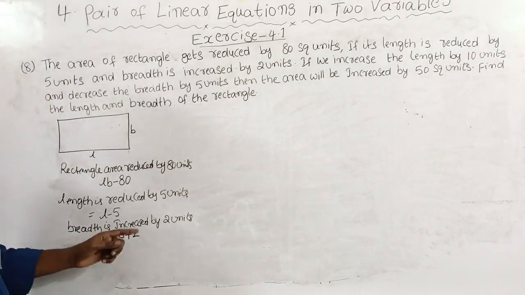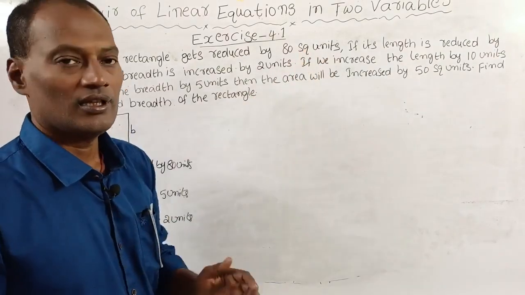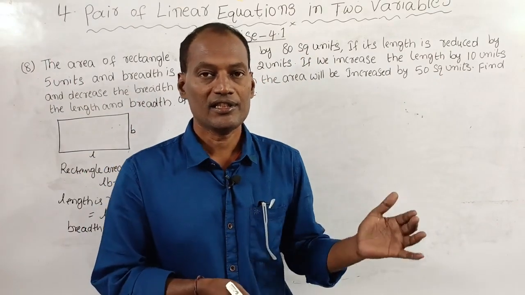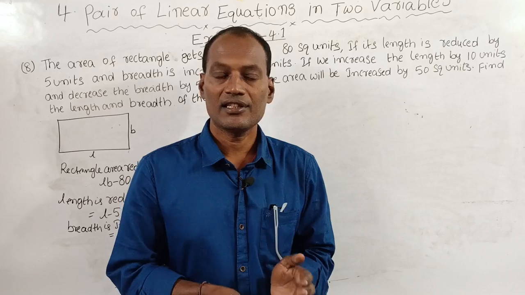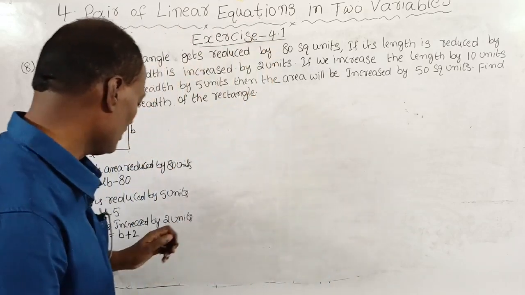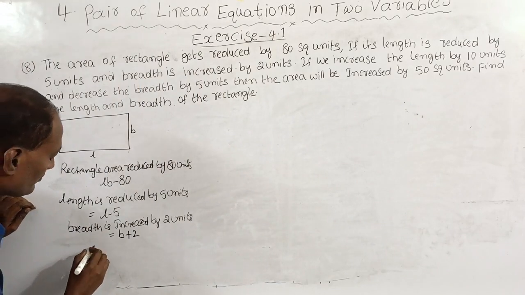Now see, how can you write this in the form of an equation? Up to here one thing is over. Area is reduced by 80 units, length is reduced by 5 units, and breadth is increased by 2 units. Right. We will make this in the form of area.